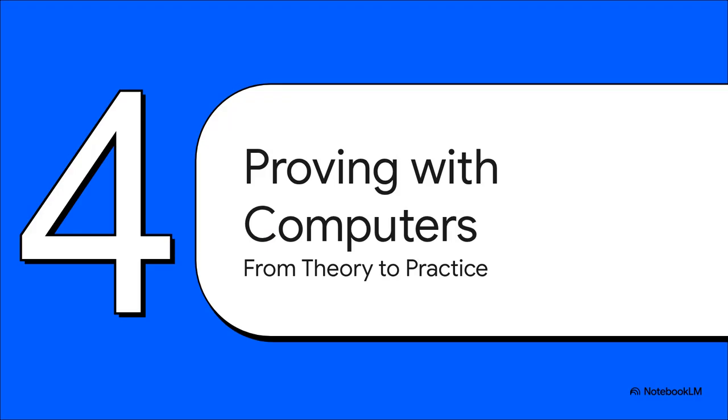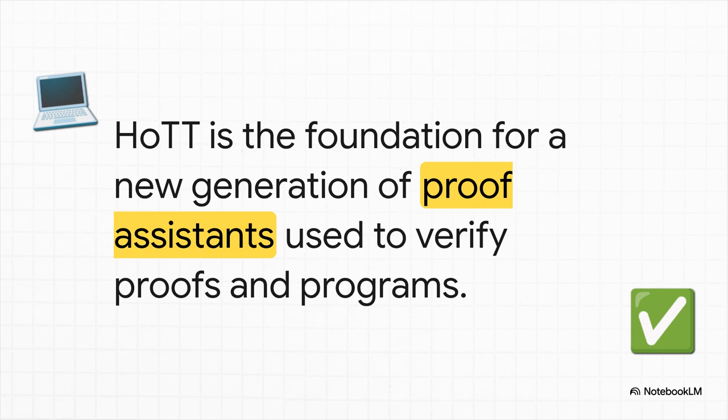Now, this isn't just some beautiful theory to admire from afar, it's a practical tool, and its biggest impact right now is happening in the world of computer-assisted proof. Because type theory is so grammatically precise, it's the perfect language for computers to understand. And HoTT is now the foundation for a whole new generation of proof assistants.